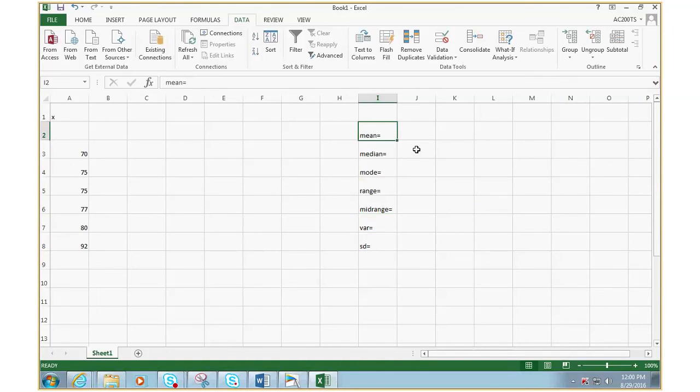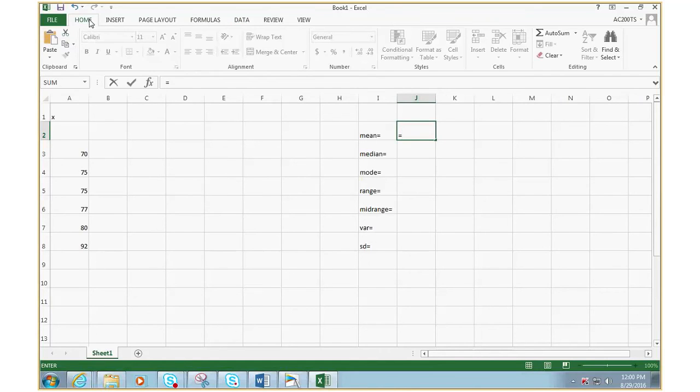Okay, so the mean. Well, the mean, you've got to take and add them all up. So that's going to be equal to, you're going to add all these guys up. So I'm going to go over here and I'm going to hit sum. Okay, it's not going to do it. So I got to, hold on a second. The sum of all these guys divided by, how many are there? 6.